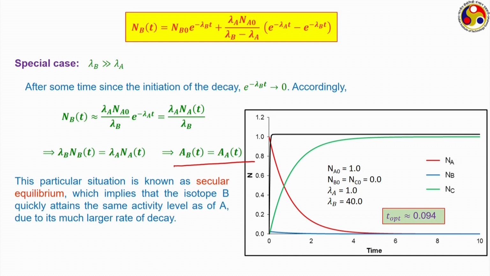So, that secular equilibrium condition we can very safely use whenever we are talking about a daughter isotope with an extremely large decay constant or extremely small half life. Like for parents U238 and Th232, they have very large half life and therefore extremely small decay constant. So, invariably their daughters will have a much larger decay constant compared to them, leading to the appearance of this secular equilibrium.